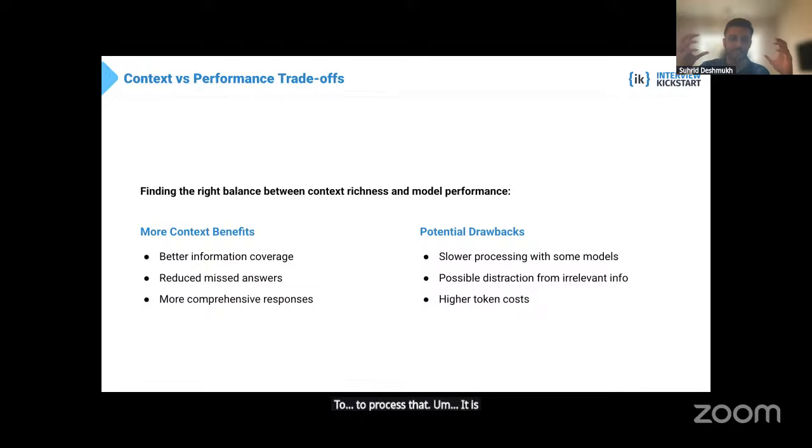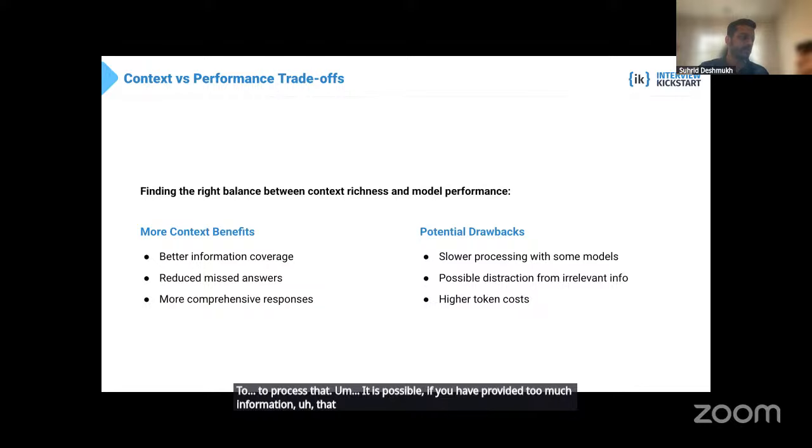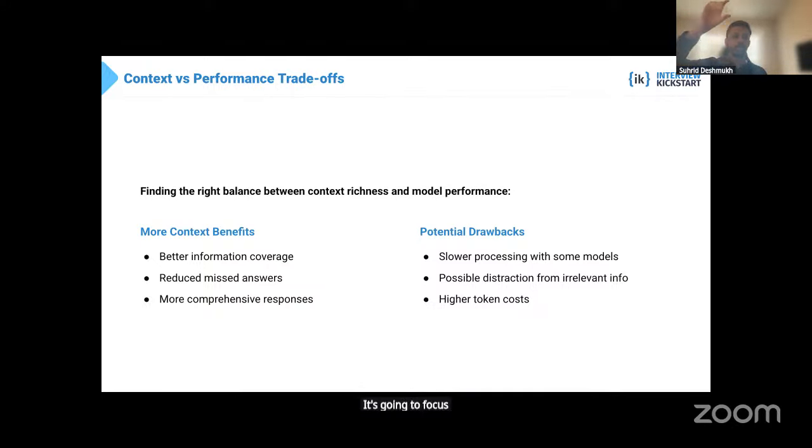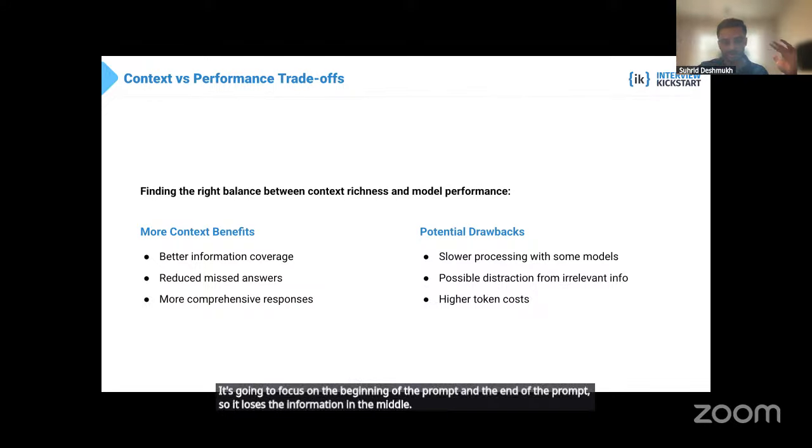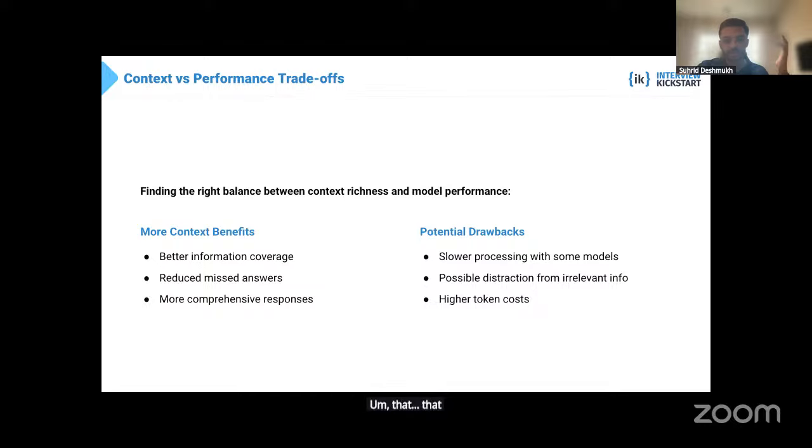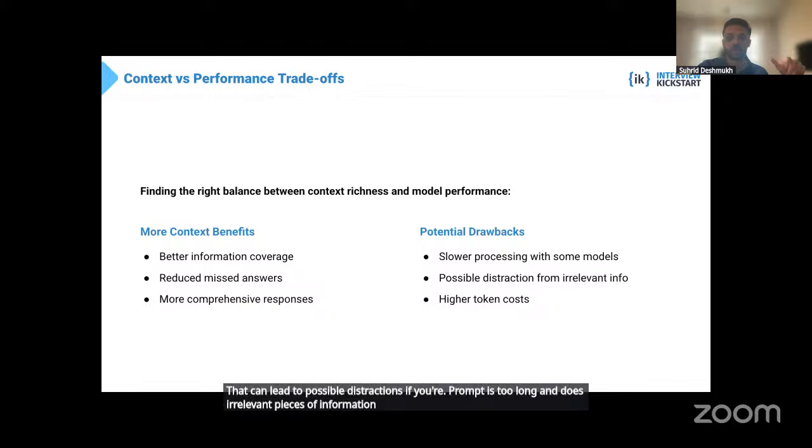If you have provided it too much information, LLMs are known to have a recency bias. What recency bias means is that in a long prompt, it's going to focus on the beginning of the prompt and the end of the prompt, so it loses the information in the middle. That can lead to possible distractions if your prompt is too long and there are irrelevant pieces of information associated with the question. And of course, because you're giving it more and more tokens, it has higher token costs.